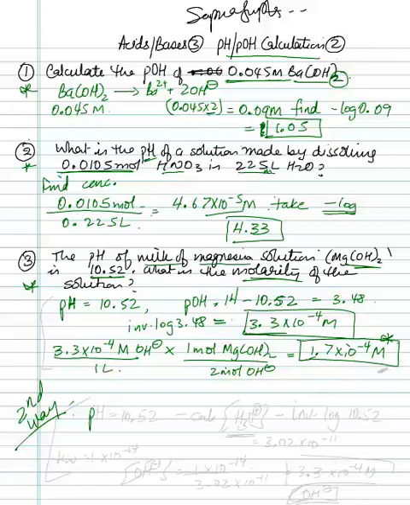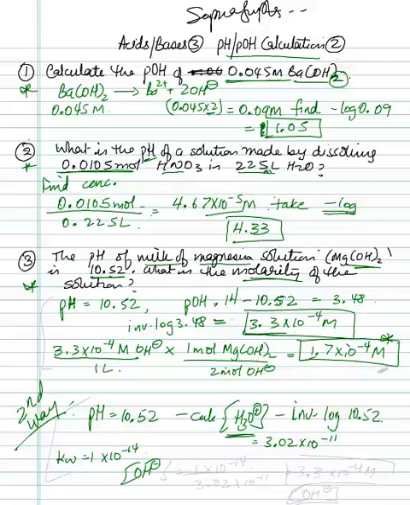is go ahead and use the pH, which is 10.52, and calculate the hydronium ion concentration in this one by taking the inverse log of 10.52, and so then you will get 3.02 times 10 to the negative 11. And then what you would do is, since this is the hydronium ion concentration, you would use Kw, which is 1 times 10 to the negative 14, to calculate the hydroxide ion concentration.